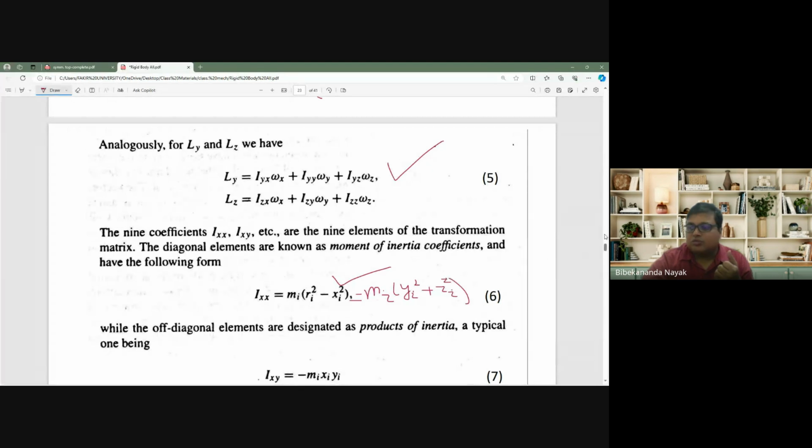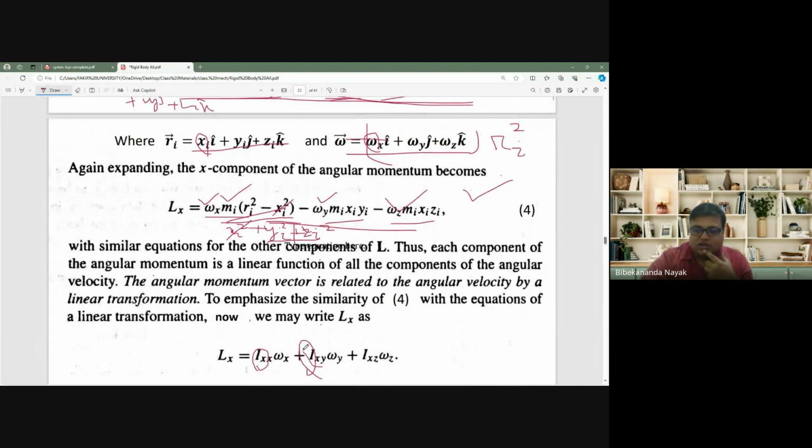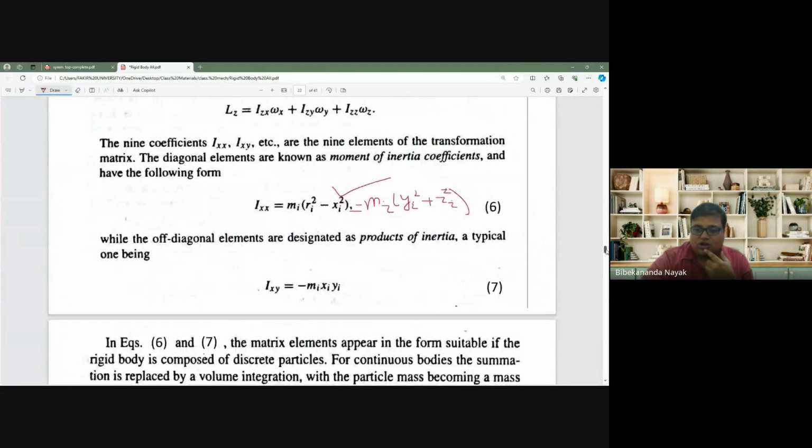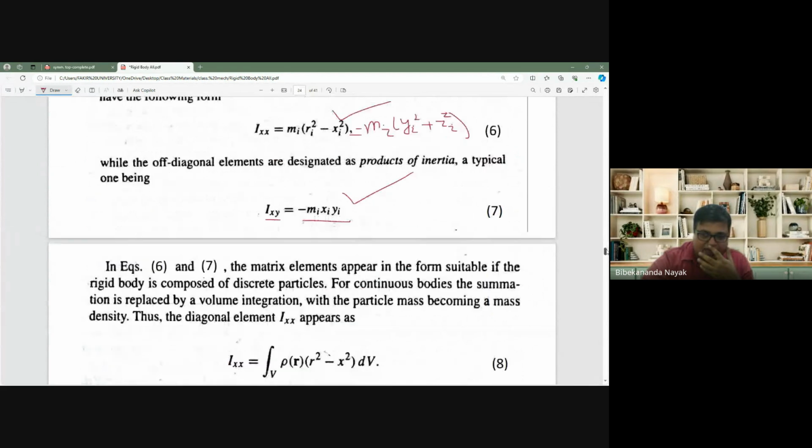But the product term, suppose this one, I_xy is equal to how much? Minus m_i x_i y_i. I_xz is minus m_i x_i z_i. So the product term will be I_xy means minus m_i x_i y_i for all, and for yz it is minus m_i y_i z_i. If you combine these two, you can write one form.